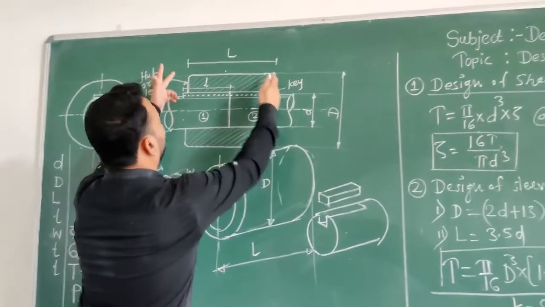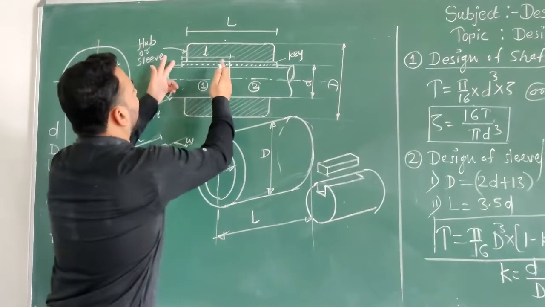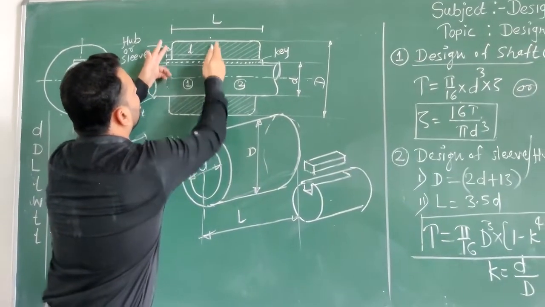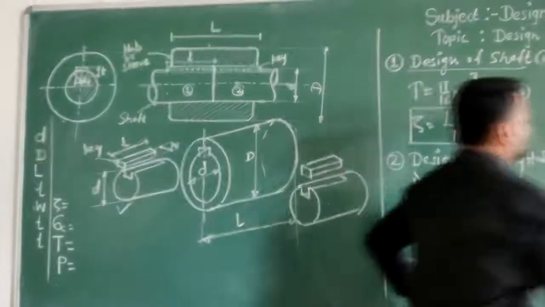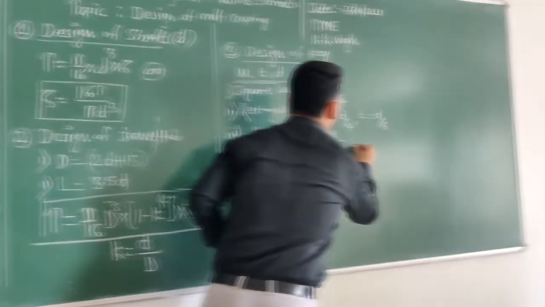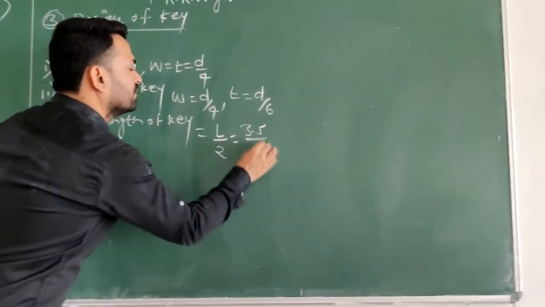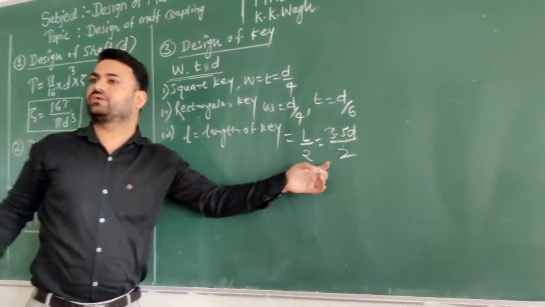As we know, capital L is the length of the hub, and only half the portion is covered with the key. So the length of key will be equal to half of the length of the hub, L by 2, which is equal to 3.5 times d by 2.